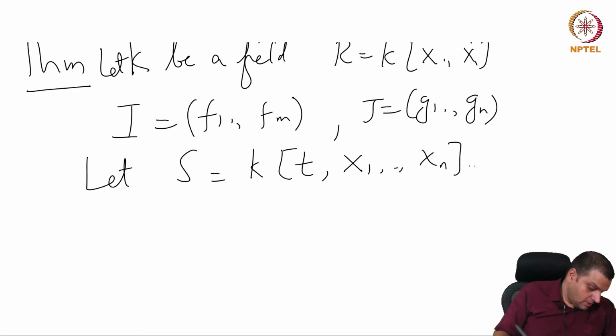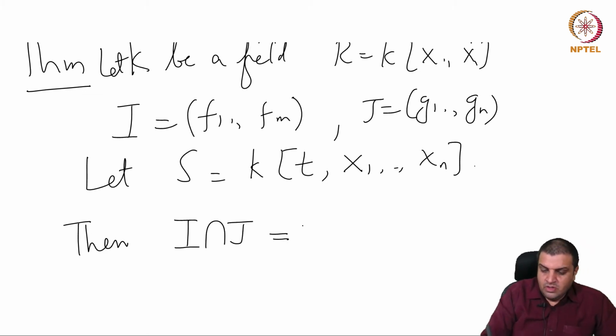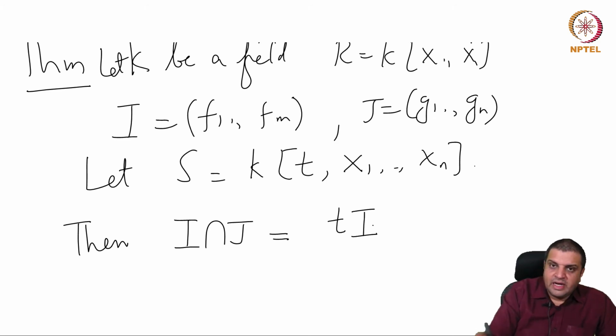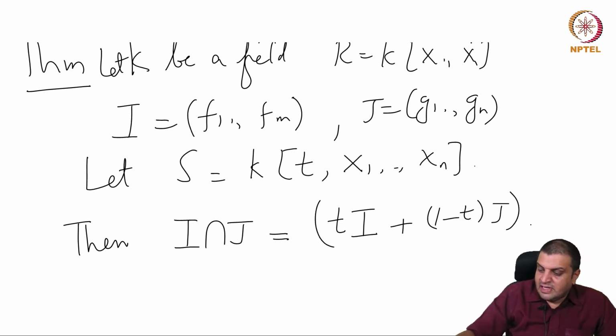Then I intersect J is the ideal generated by t times I inside S plus 1 minus t times J, both inside S. So this is an S ideal contracted to R.